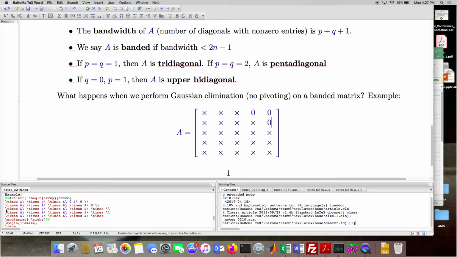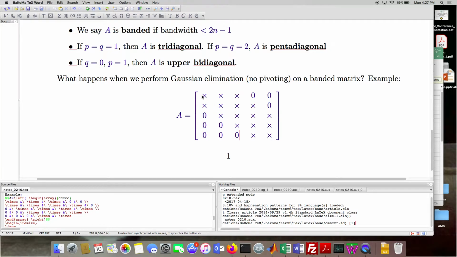I need to make a few more entries 0 below the diagonal. Okay, so here's our original matrix, where this is the main diagonal, we have one diagonal below that's non-zero, and then 2 diagonals above.